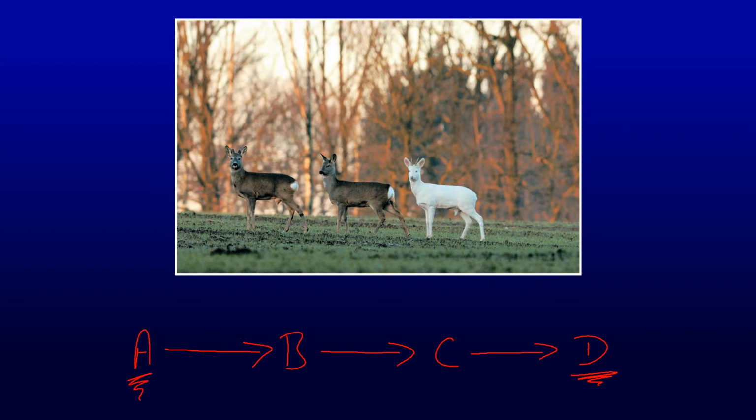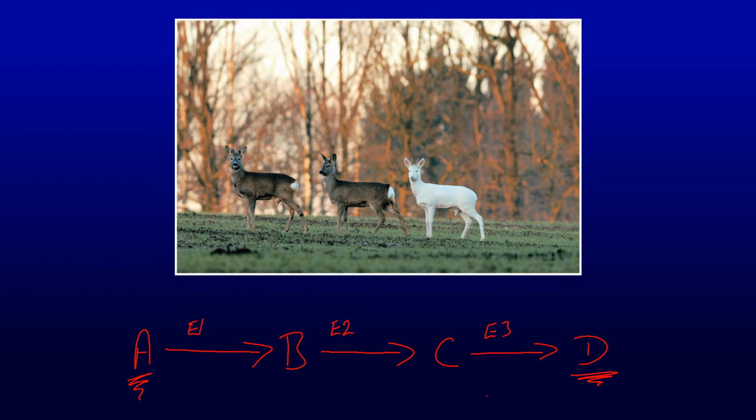And in order to convert A into B, you need an enzyme. Let's just call it enzyme 1. And then in order to convert substance B into C, you need enzyme 2. And to go from C to D, you need enzyme 3. Now remember, the enzymes are proteins and they're produced as a result of gene expression. There's a gene that codes for that protein.